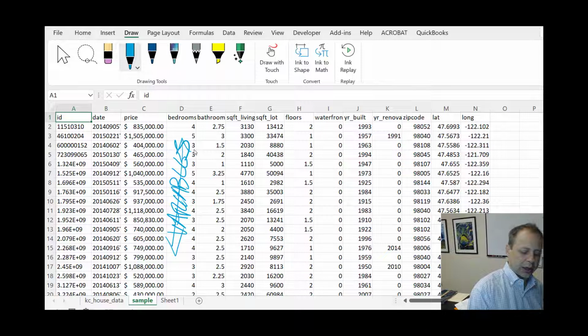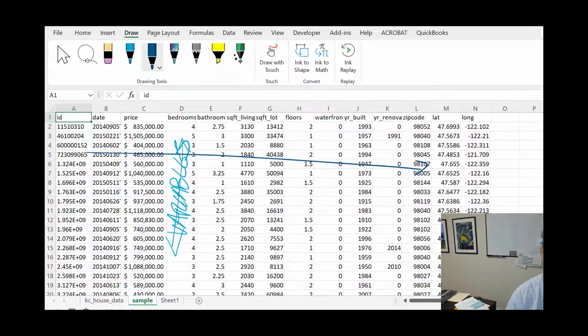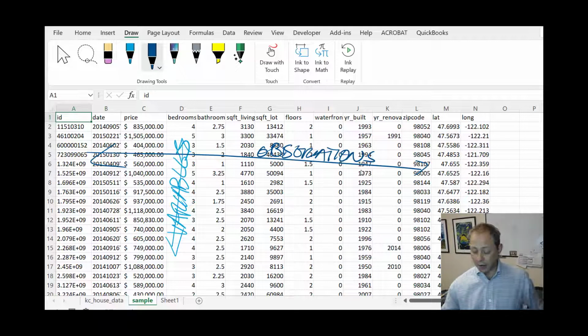I am looking at 12 variables or 13 variables, and they describe something about the observation. My rows are my observations. And in this case, what we have is 500 observations, right?